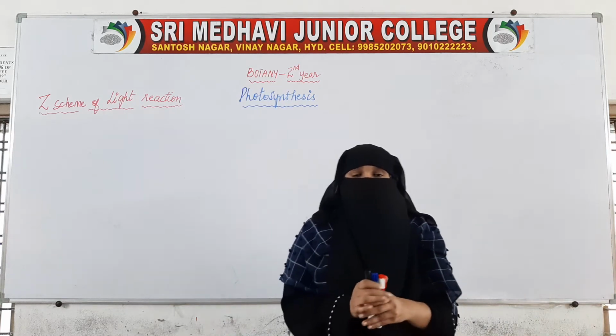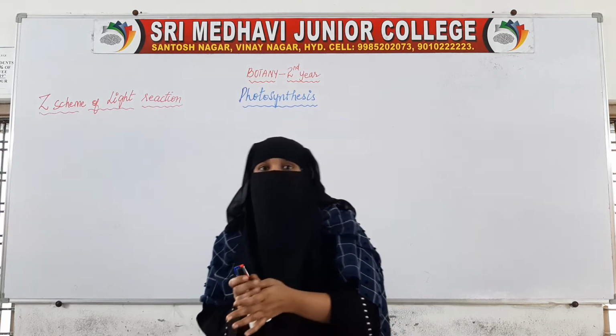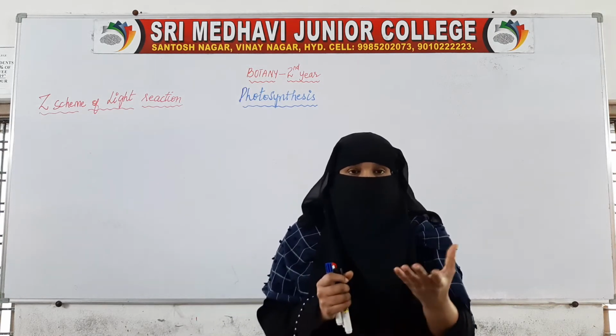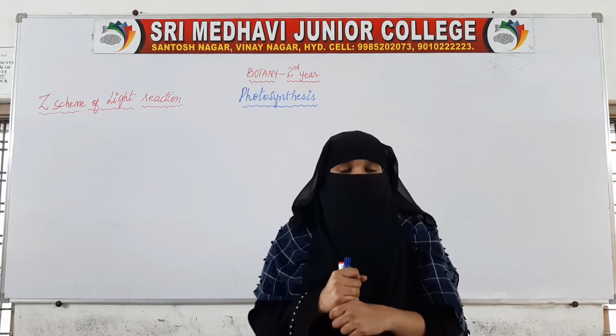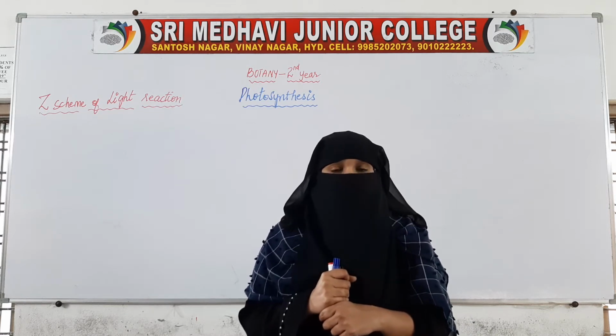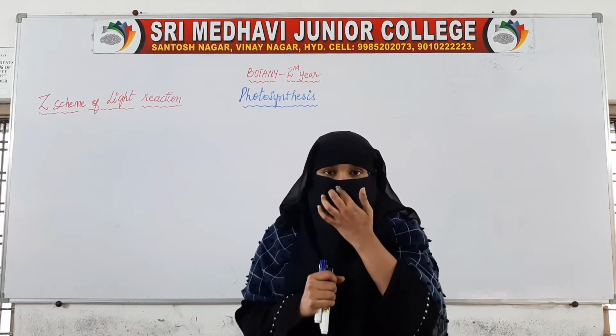Welcome everyone. In the previous class we were dealing with the light reaction, what are the events which take place in the light reaction, as well as we have seen how the electron transport system works. What is electron transport?